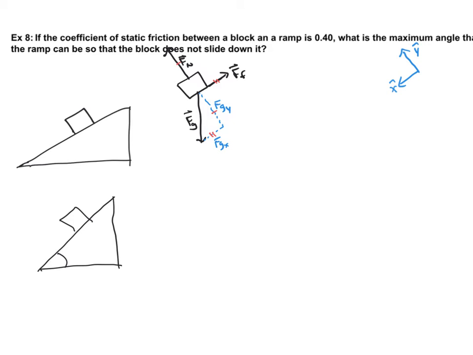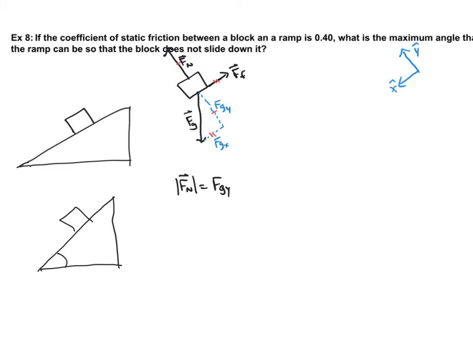So there's two equations here, one in each direction. So in the Y direction, we have that the normal force is equal in magnitude to the Y component of gravity. This matters in this question. We're going to need to use this a little bit later.